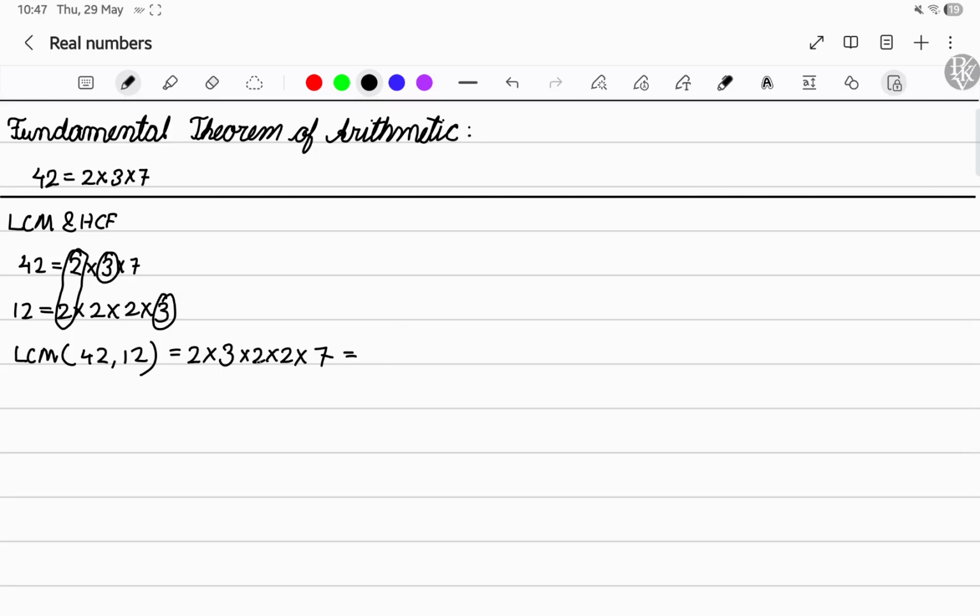That is 6 times 2 times 2 times 7, that will be 168. This is the LCM. What is LCM? LCM means a number. Here the number is 168. 168 is the least number that can be divided by 42 and 24.